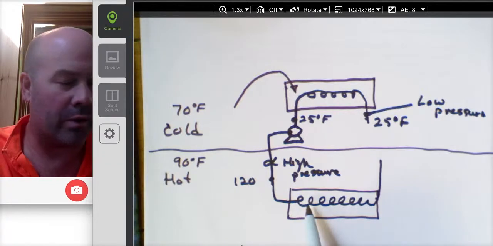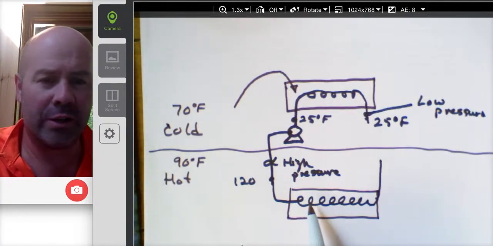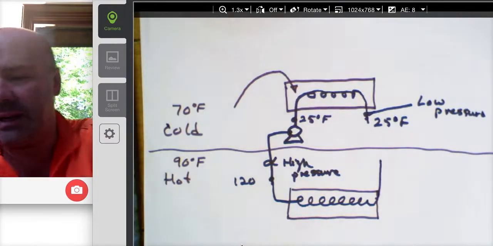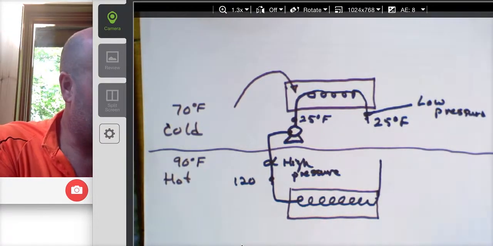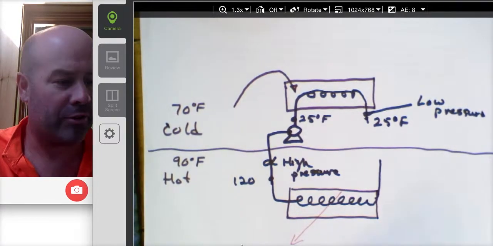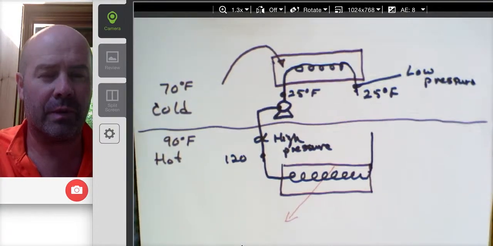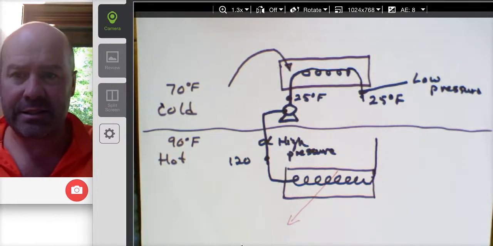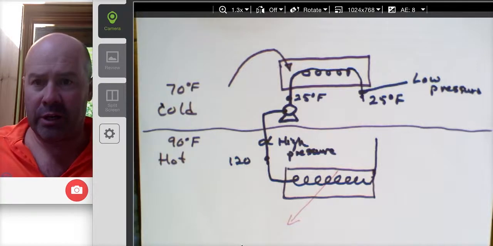The coolant in the coil is 120 degrees. What's going to happen? Heat is going to come out of the fluid and go into the surroundings. That is cool. And that's really the essence of a refrigerator.